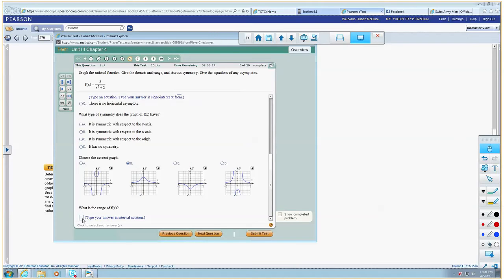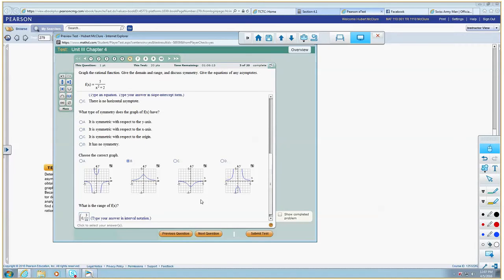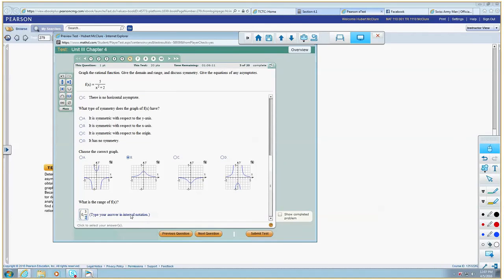So, open parenthesis, 0, comma, 3 halves, close bracket. Really? Bracket. Y'all get the point. Should have a bracket on it.